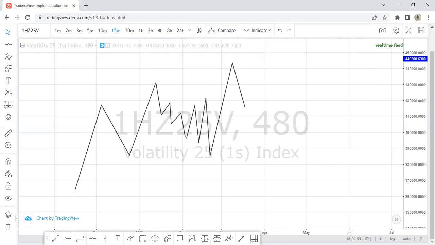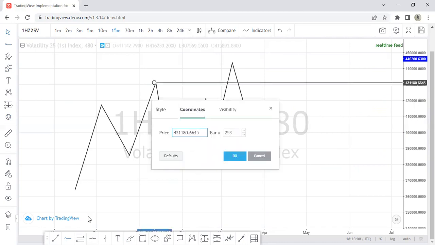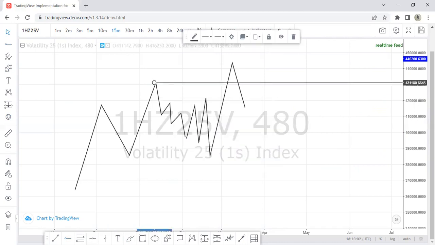So you have your external liquidity at the top here and at the bottom, right? So anything in between the charts is what we call an internal liquidity, right? So whatever is forming inside this point, right?